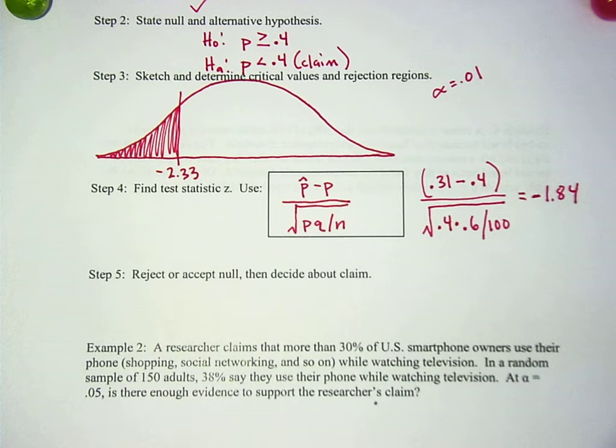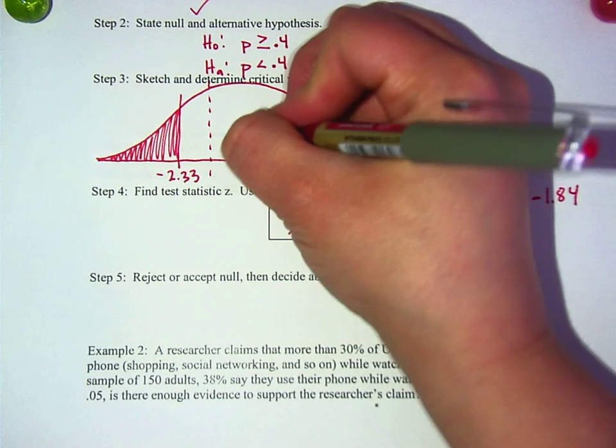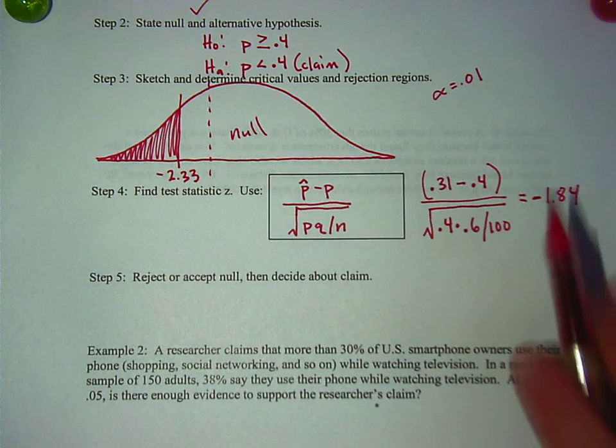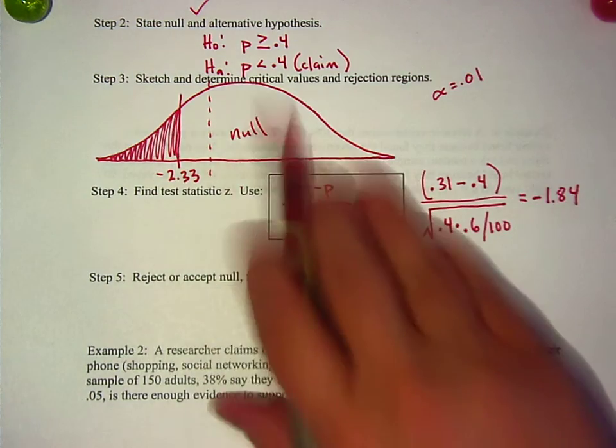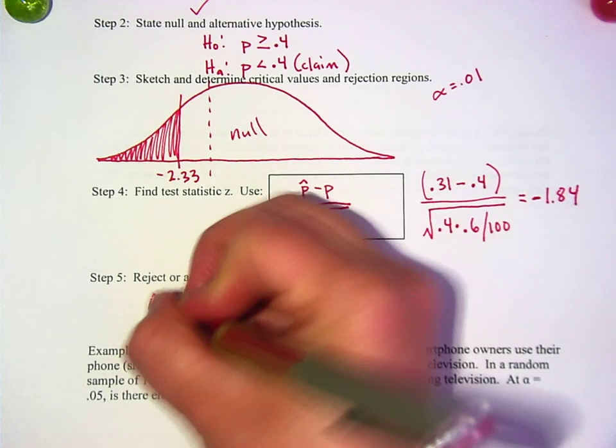Get it? That means that hit about here, which is in this null area. So what do you do if the z-score hits in the null? Do you accept or reject the null? Accept, yeah. So we're going to accept the null.